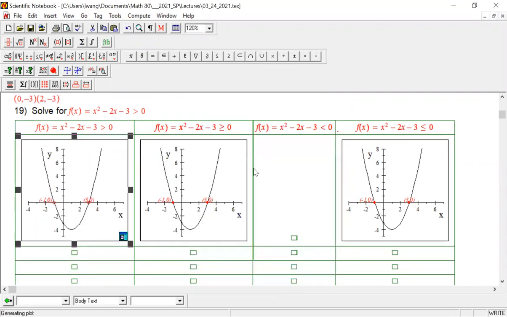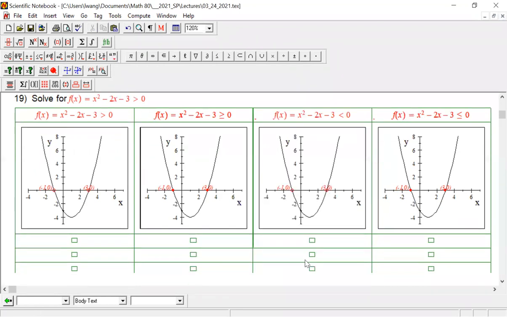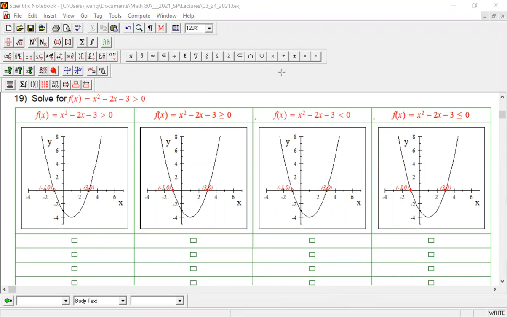And then you just have to decide which piece will be the solution. For greater than 0, we have these two pieces. We're running out of time. So the solution for these pieces will be here.